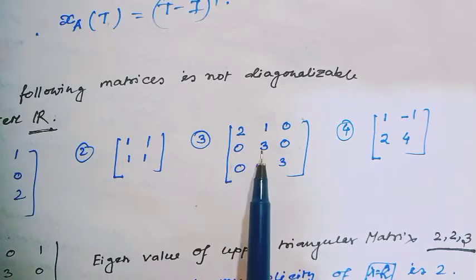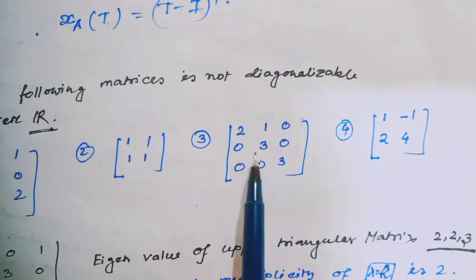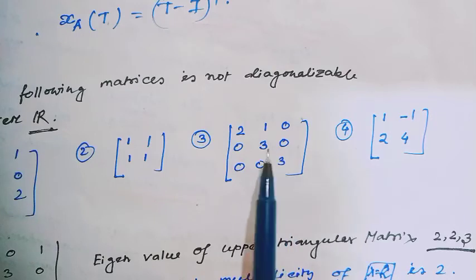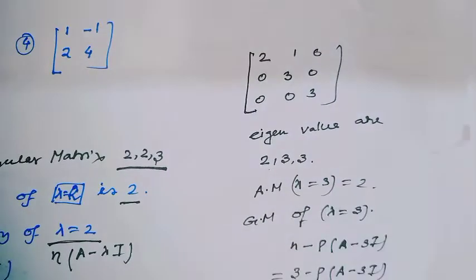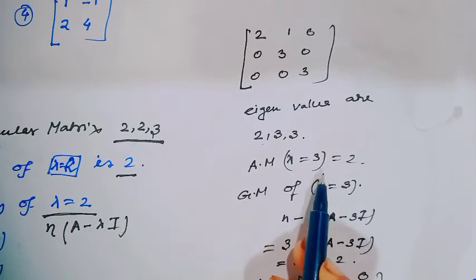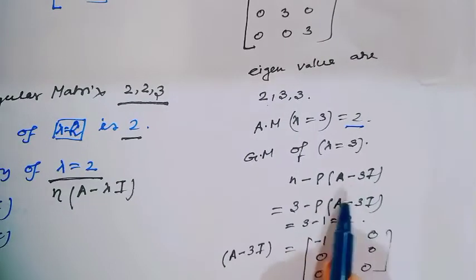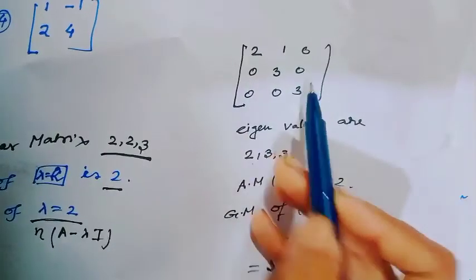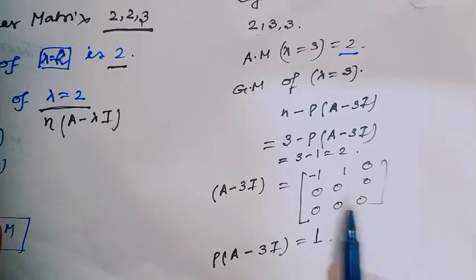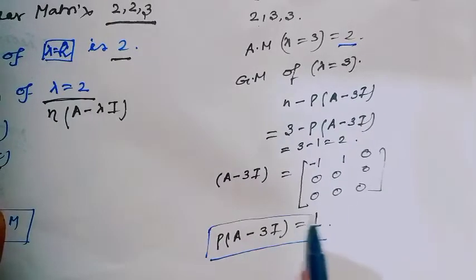Next, I will see this matrix 2, 1, 0, 0, 3, 0 and 0, 0, 3. Since this is an upper triangular matrix, the eigenvalues are 2, 3, 3. The algebraic multiplicity of lambda equal to 3 is 2, and the geometric multiplicity of lambda equal to 3 is n minus rank of A minus 3I. A minus 3I is minus 1, 1, 0, 0, 0, 0 and 0, 0, 0, and the rank of A minus 3I is 1.